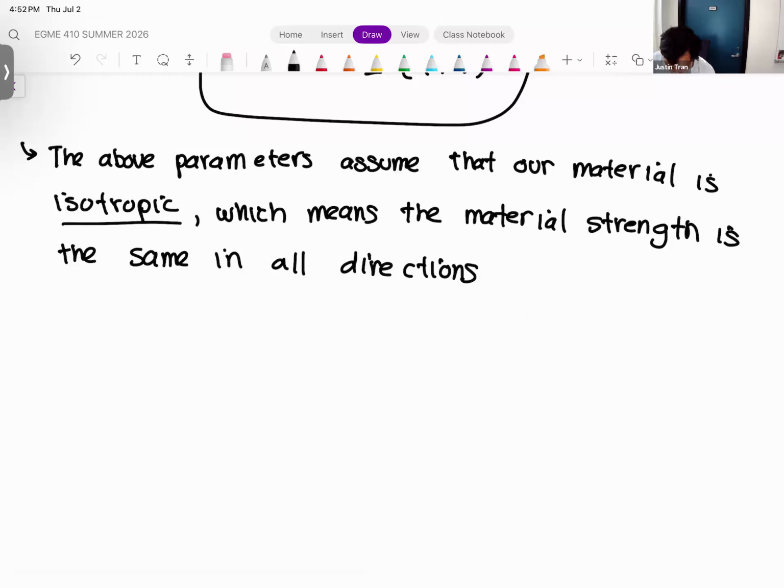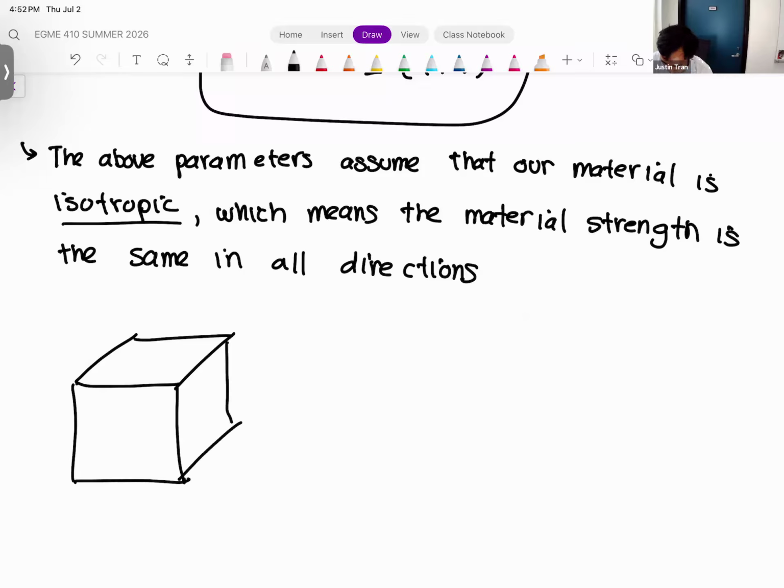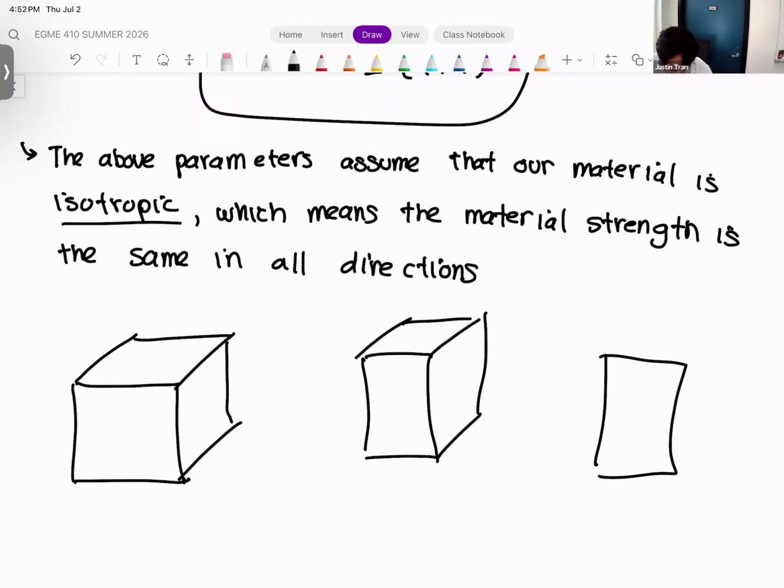If you have a cube of isotropic material, let me actually draw three cubes here to illustrate it, assuming that all three cubes look the same.